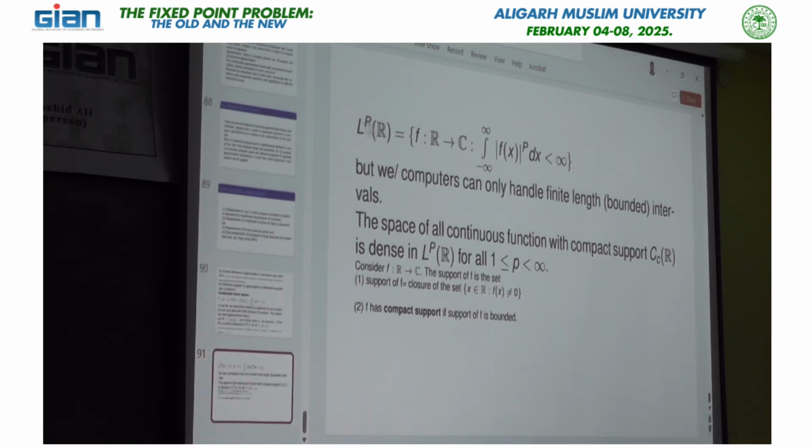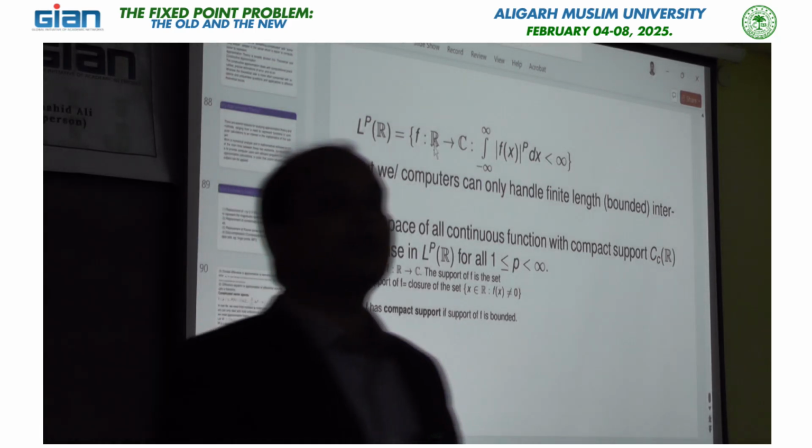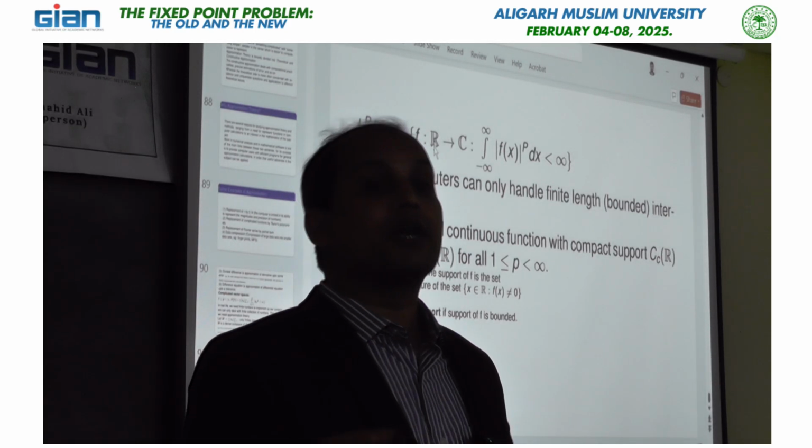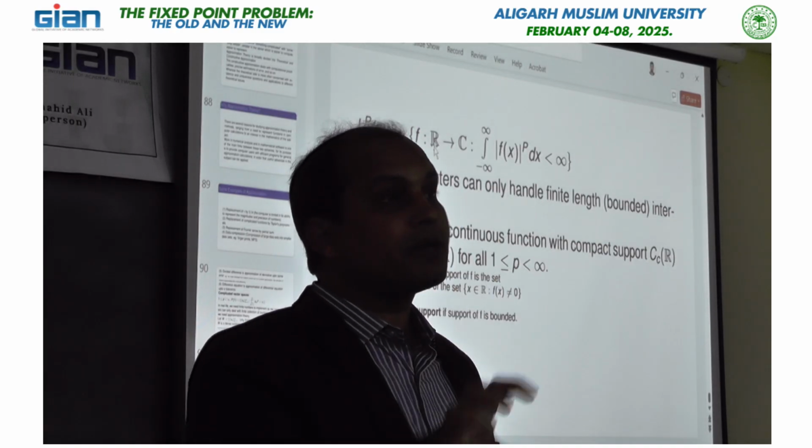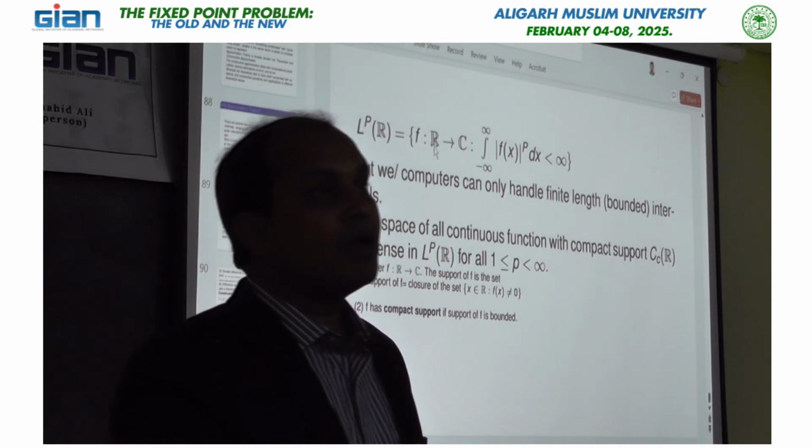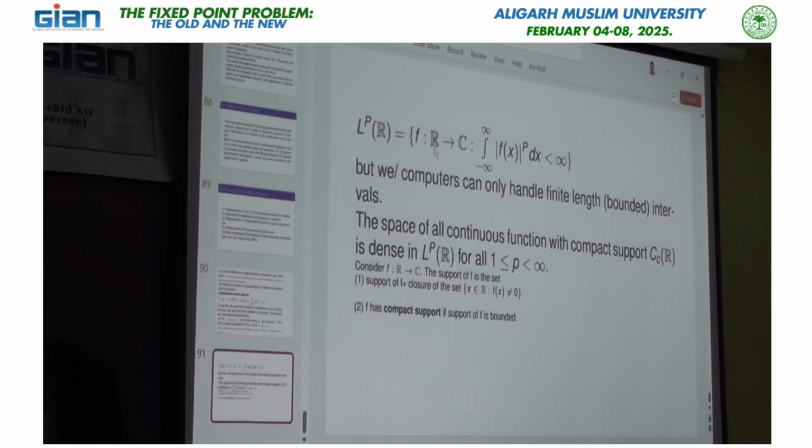Similarly, look here at LPR, this space. Here your function is there, but its domain is R and the length of R is unbounded, and we know that using computers we cannot deal with an infinite number of things or an unbounded interval. So, we need to look at some of its subsets from which we can approximate those elements, preserving those properties.